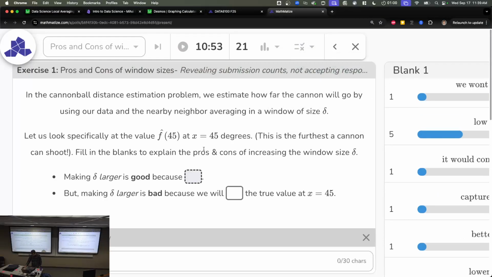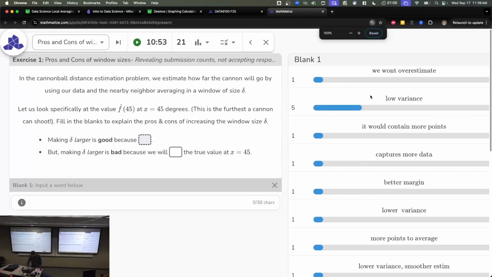So making delta bigger is good because, and there is one main idea, but there's lots of different ways to express it. We won't overestimate. I'm actually going to talk about overestimate and underestimate in the second one. Some people wrote low variance, and I think that is technically true.